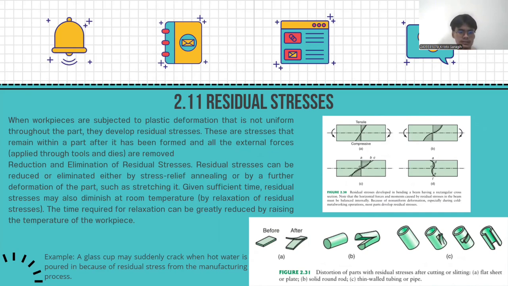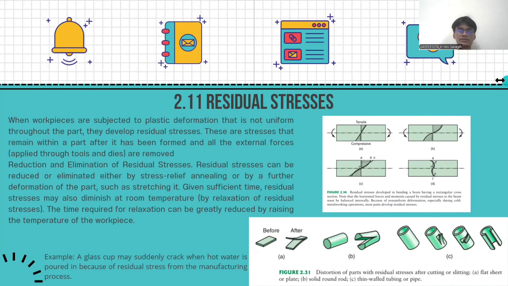The time required for relaxation can be greatly reduced by raising the temperature of the workpiece. For example, a glass cup may suddenly crack when hot water is poured in because of residual stresses from the manufacturing process.